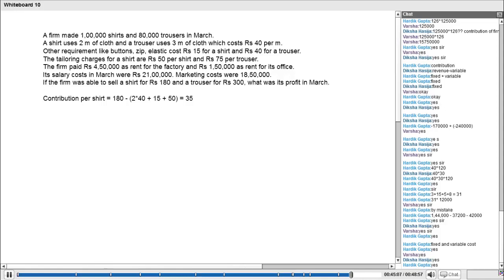Yeah. So can all of you now calculate and tell me what is contribution per trouser? What is the contribution for trouser? Calculate it and tell it to me. Type it in your chat windows.